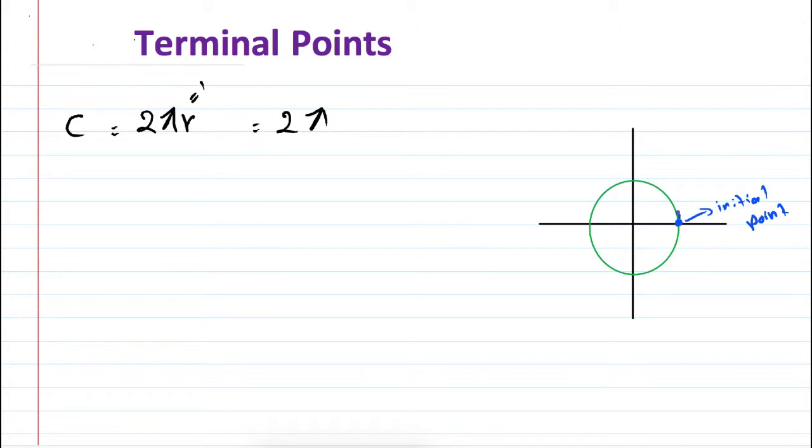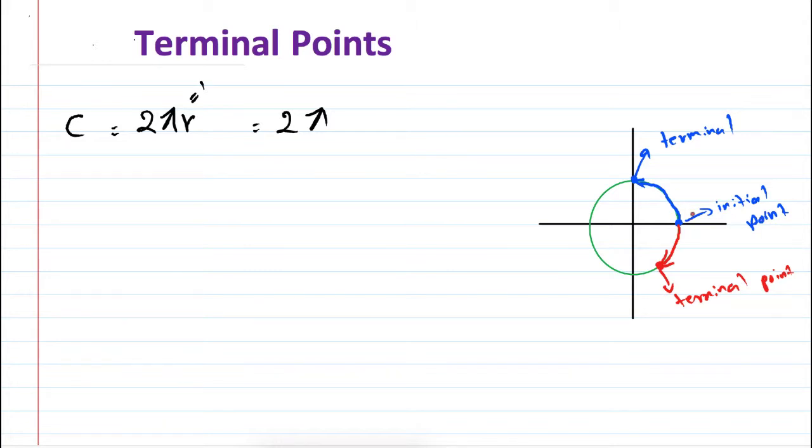The point where you end your travel, so I have to end my travel right here, is called the terminal point. Terminal meaning termination or ending. I can end the travel that I have right here, and this would be my terminal point. So the terminal point is the point where you end your travel on the unit circle, starting from your initial point.